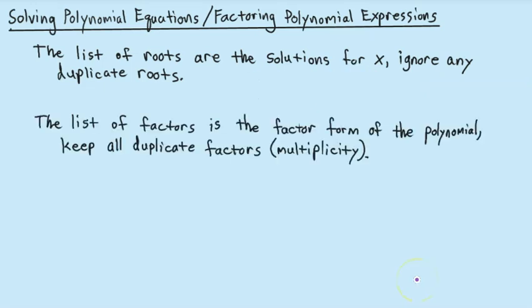Now, the list of factors that you have is the factor form of the polynomial. But in this case, you're going to keep the duplicate factors, okay? If you have duplicate factors, that just tells you the multiplicity.